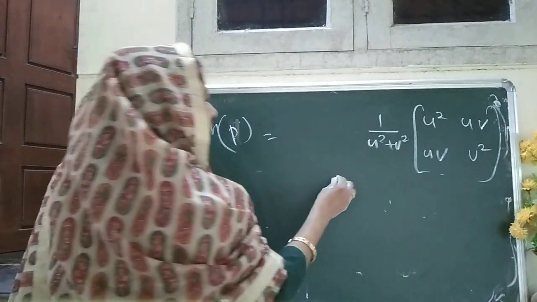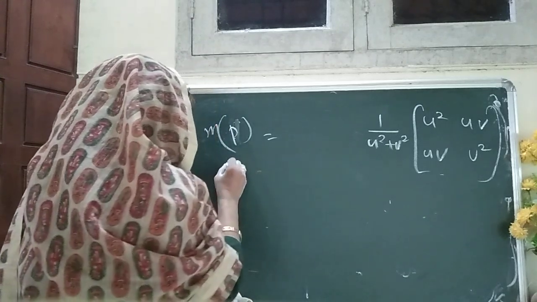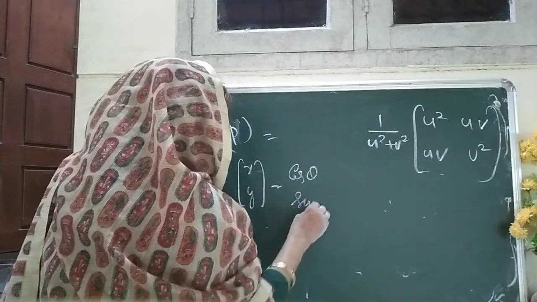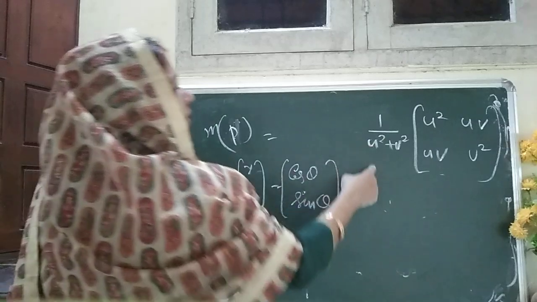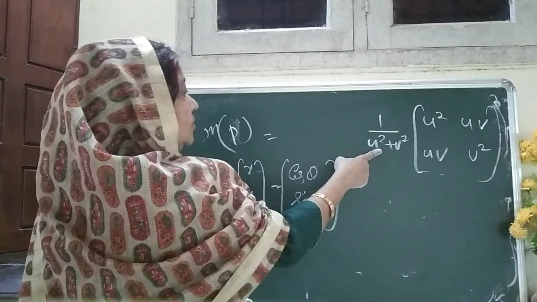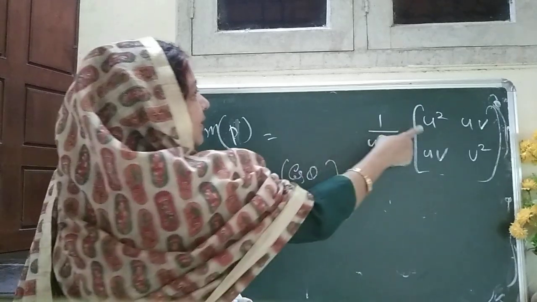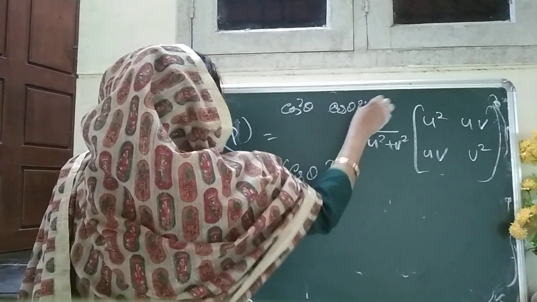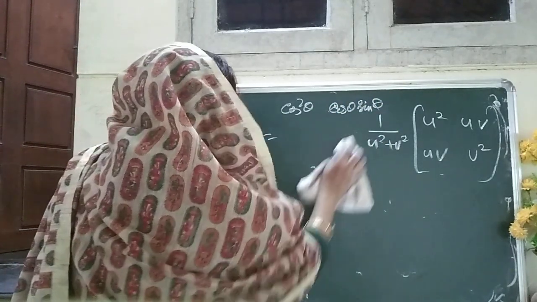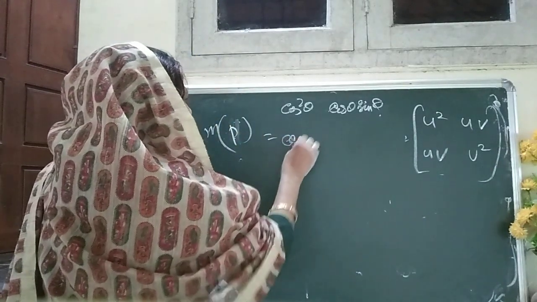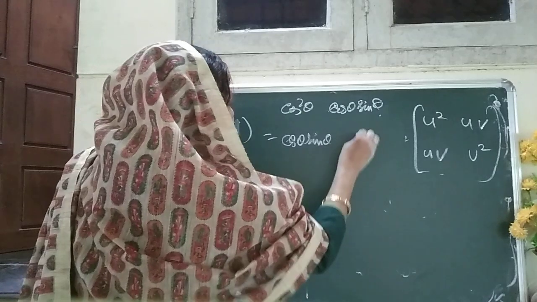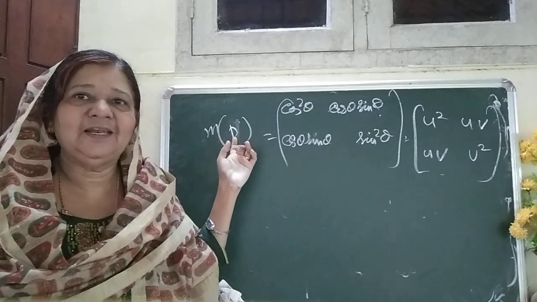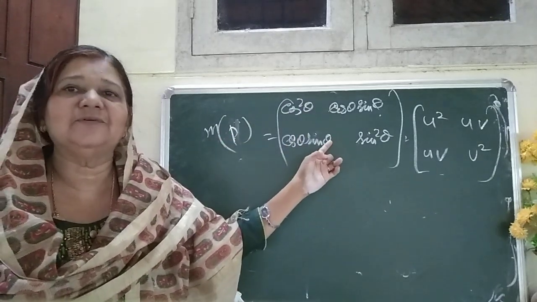For the unit vector (u, v) equal to (cos theta, sin theta), we get 1 by (cos square theta plus sin square theta), which is 1 by 1. So the matrix is cos square theta, cos theta sin theta, cos theta sin theta, sin square theta. This is the matrix for the projection corresponding to the unit vector cos theta, sin theta.